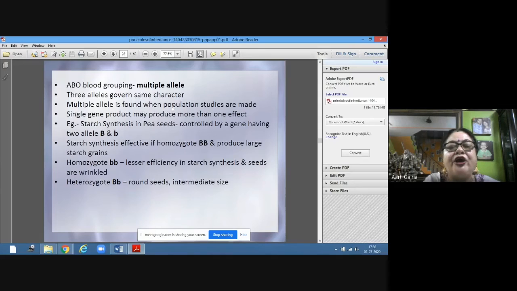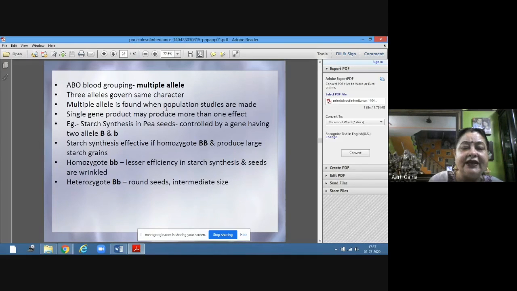All diploid organisms have only 2 alleles. But if multiple alleles exist, you can find out only when population studies are made. Only when you are studying a population of that species will you come to know about multiple alleles.